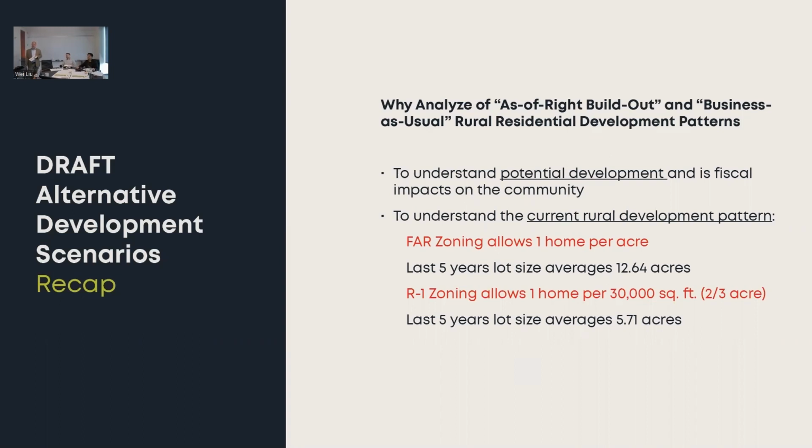They have to have their own septic systems and so on. And land values have been such that it's affordable for somebody to go in and buy 12.5 acres in which to build a home. And the same with R1 zoning, it's not actually building at 1 home per 2/3 of an acre. Over the last 5 years, it's been closer to 1 home per 6 acres.